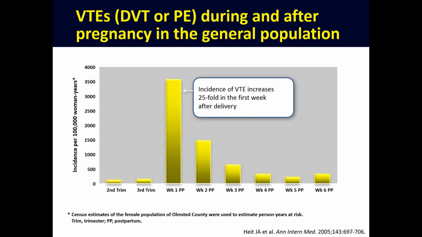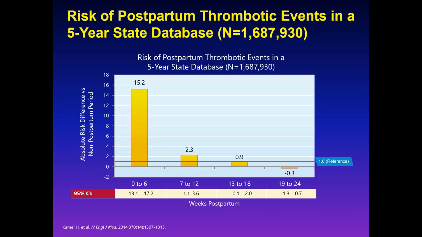Now, up until very recently, we thought that after 6 weeks, the risk of VTE in the postpartum period was really at baseline, which steered management recommendations for postpartum anticoagulation. But a very nice study recently published by the Camelin group in the New England Journal showed that risk really doesn't return back to baseline until after 12 weeks.